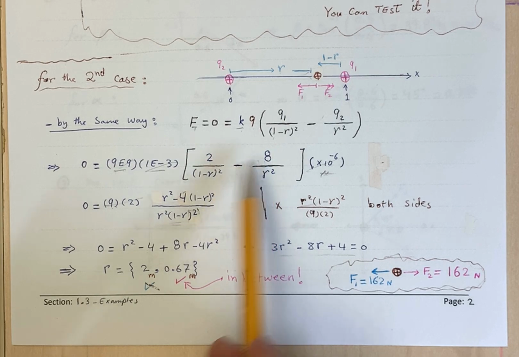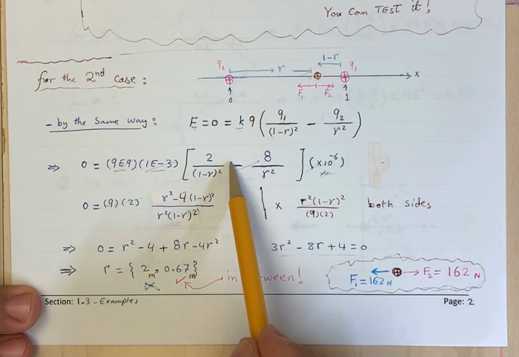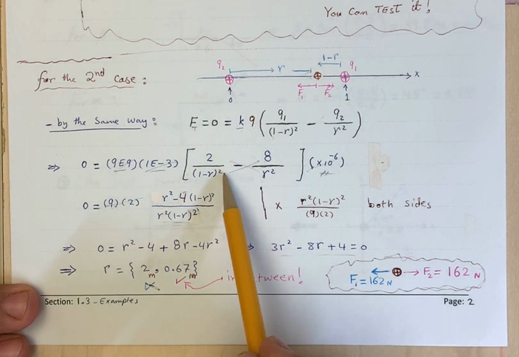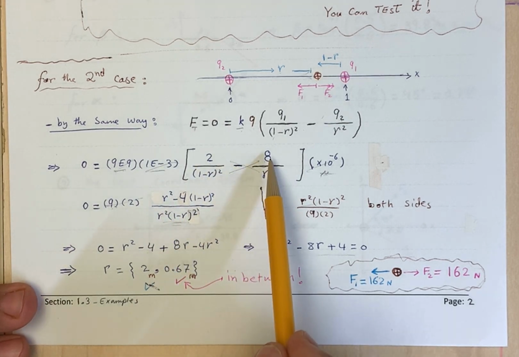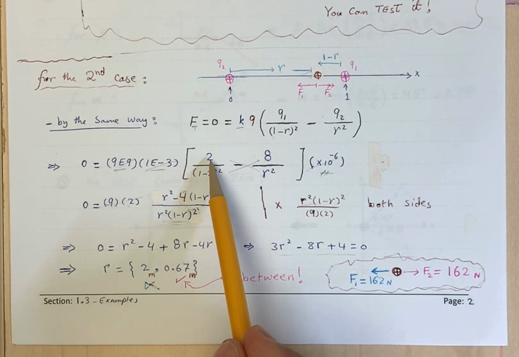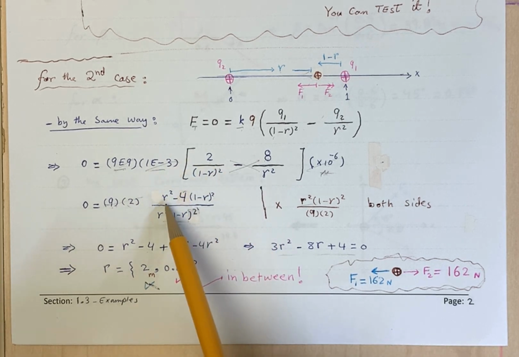So I have 4. Also, I did unifying denominators. I have 1 minus r squared times r squared here, and 8 or 4 after taking the 2 from it. 4, 1 minus r squared, and here I have 1 after taking the 2 times r squared.